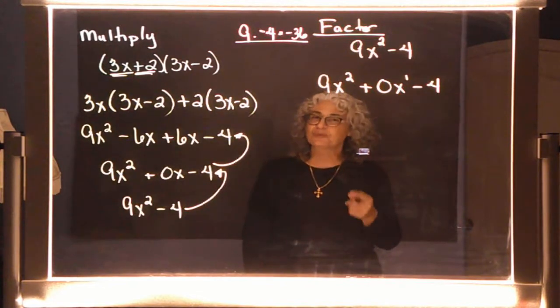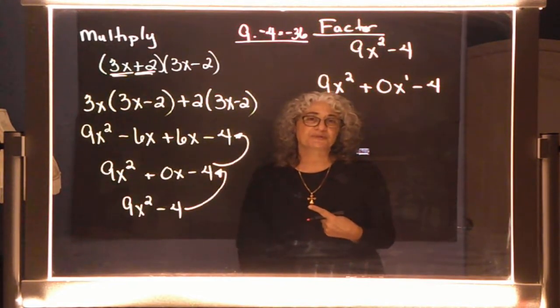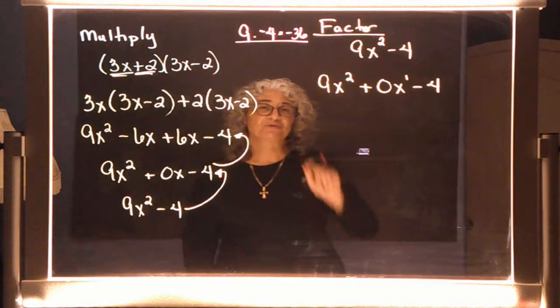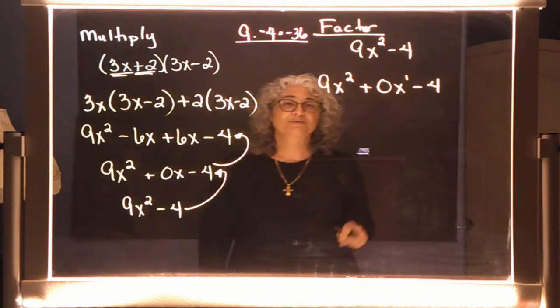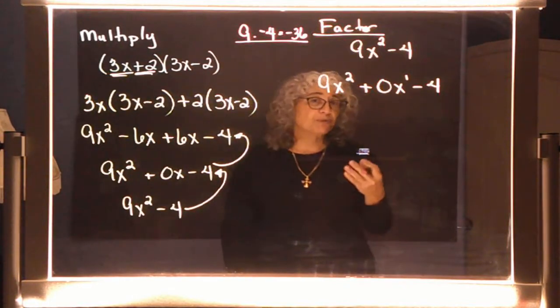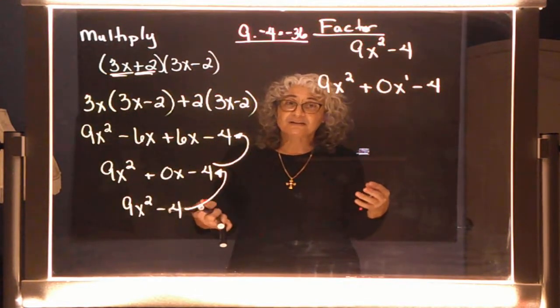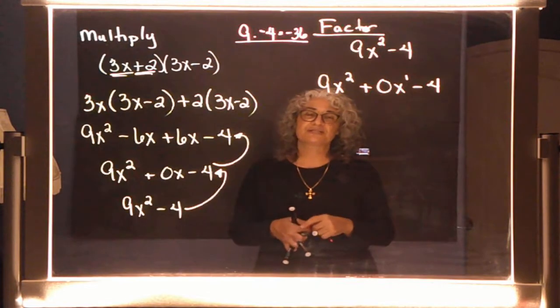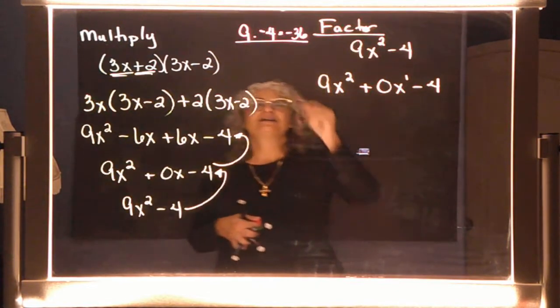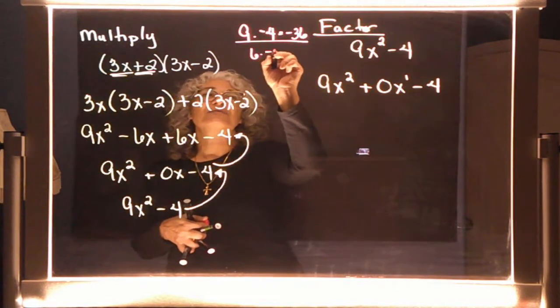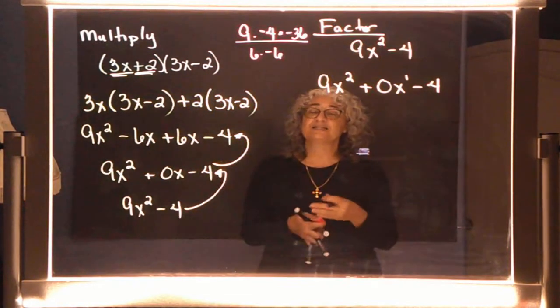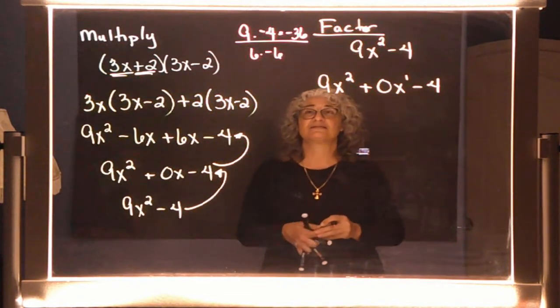Okay, remember what I mentioned on the previous two problems. First term's a perfect square, last term's a perfect square, the product is a perfect square, so I'm looking for the square root. So what's the square root of 36? 6. So positive 6 times negative 6 in this case, because I need to multiply to a negative 36.